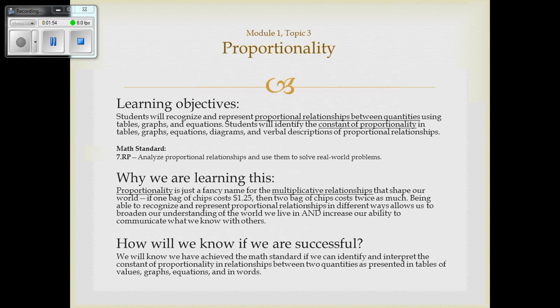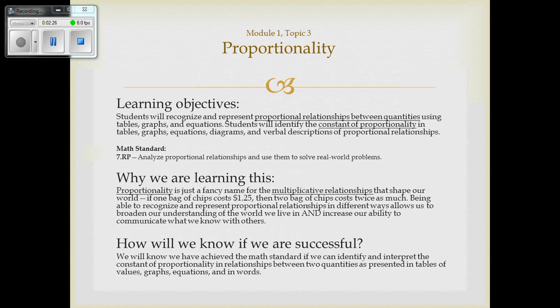Why we are learning this: proportionality is just a fancy name for the multiplicative relationships that shape our world. If one bag of chips costs $1.25, then 2 bags of chips cost twice as much. Being able to recognize and represent proportional relationships in different ways allows us to broaden our understanding of the world we live in and increase our ability to communicate what we know with others.